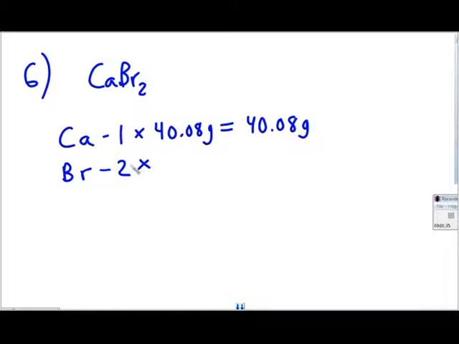Bromine is number 35. Each bromine weighs 79.90 grams. I have 2 of them. 2 times 79.9 is 159.80 grams.